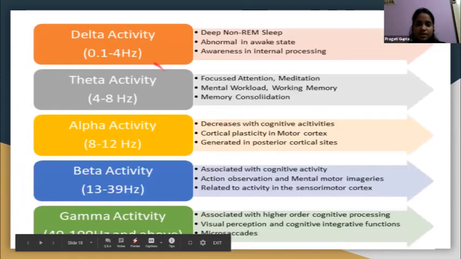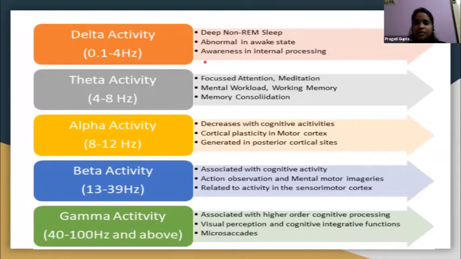The delta wave is from deep sleep, usually seen in non-REM sleep and in abnormal awake states. Theta activity is usually seen when a participant is meditating, like focused meditation, or under increased mental workload, like working memory tasks and memory consolidation.